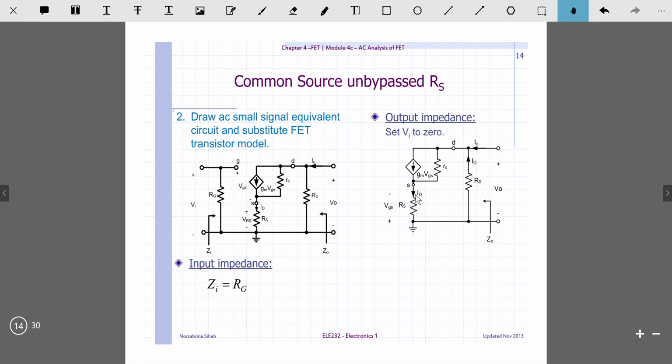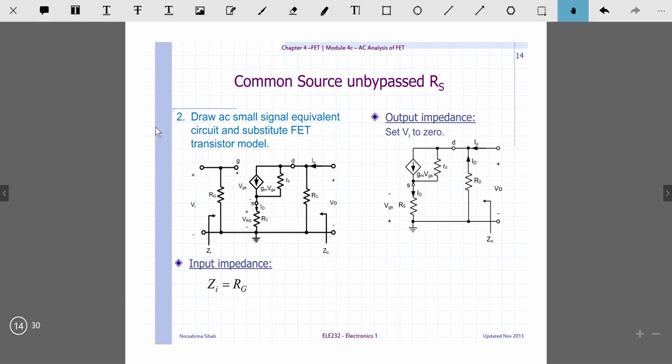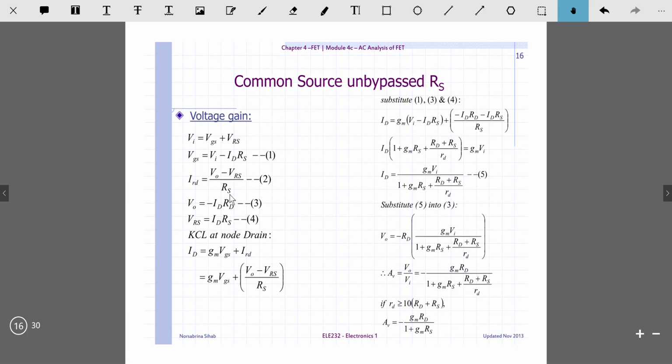So this is IDRS. For this terminal here, this is plus, minus, plus, minus. So minus V out plus IDRD plus VRS equals 0. From there you can get this equation, after you have moved VRS and also RS to the other side. So that is equation number 2.